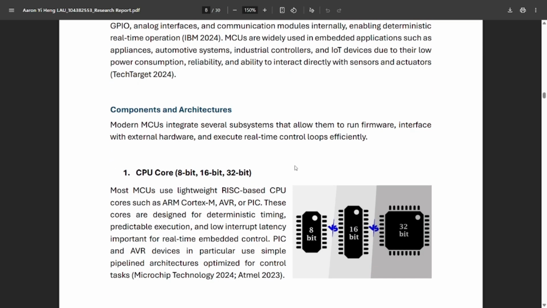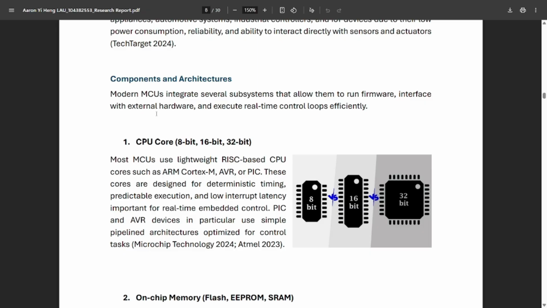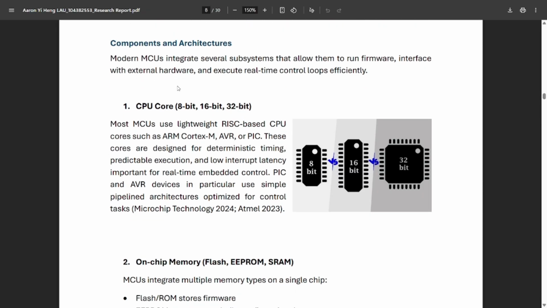Next, I explain the internal components that make up the MCU. First, for the CPU core, most MCUs use lightweight RISC-based cores such as ARM Cortex-M, AVR, or PIC. These are optimized for predictable execution and low interrupt latency.